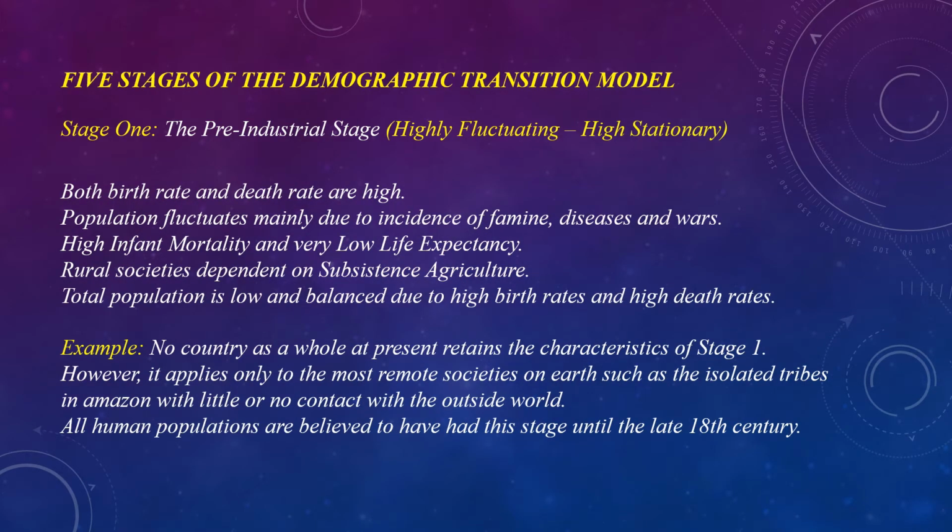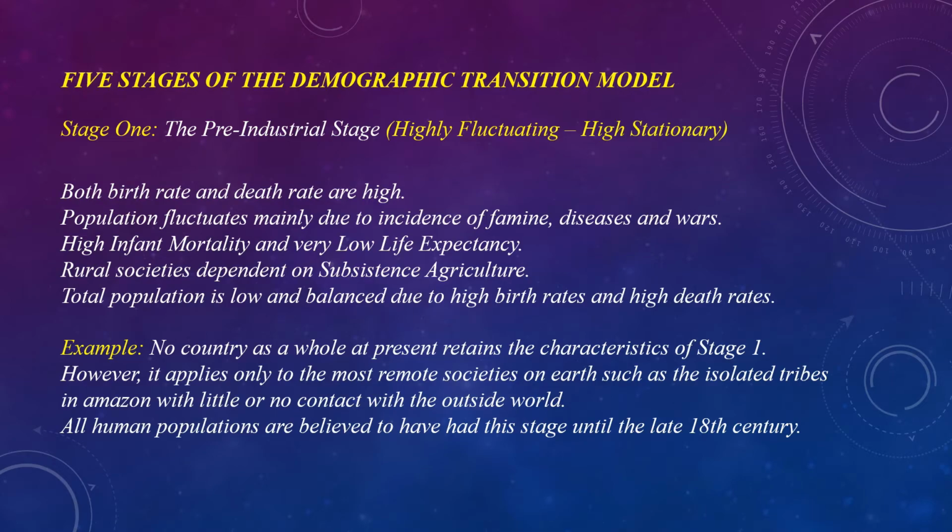Both the birth rate and death rate are high. Population fluctuates mainly due to famine, diseases and wars, high infant mortality and very low life expectancy because of the lack of medical facilities.